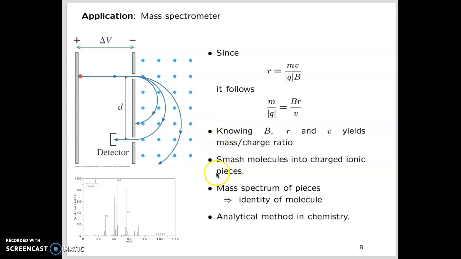Okay, so the way a mass spectrometer works in practice is something like this, but typically you'll have many charged pieces of molecules that are accelerated across this potential difference through this hole in the plate, and then you'll have some kind of position sensitive detector along here.